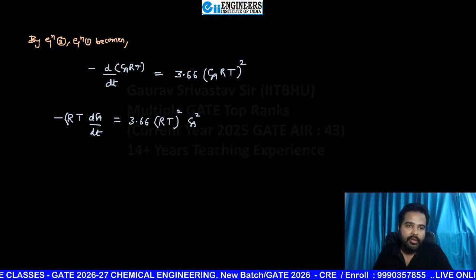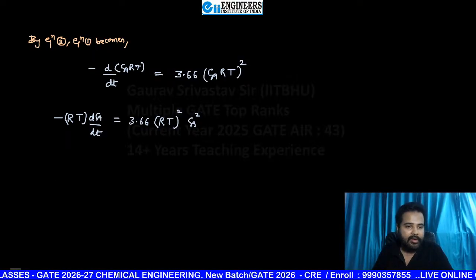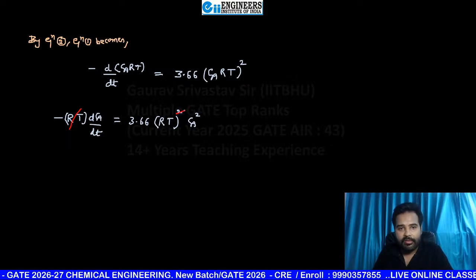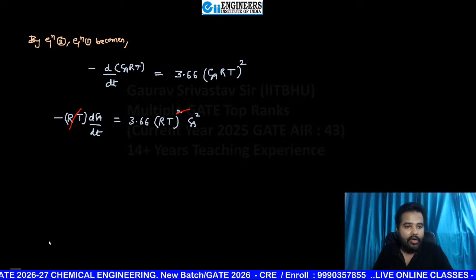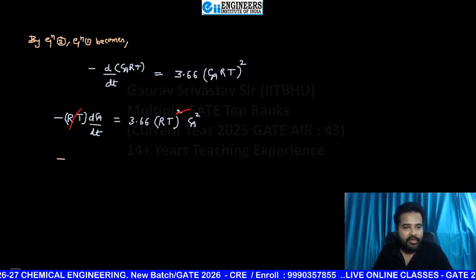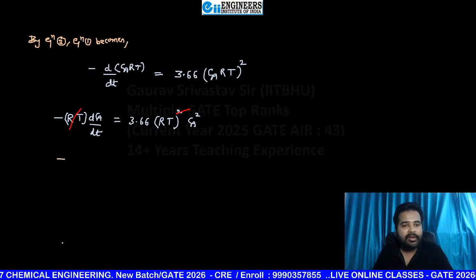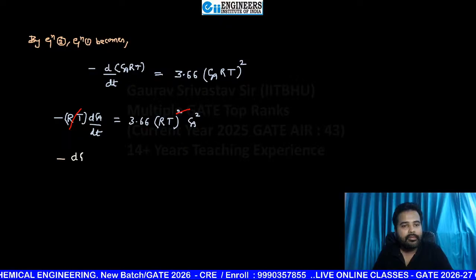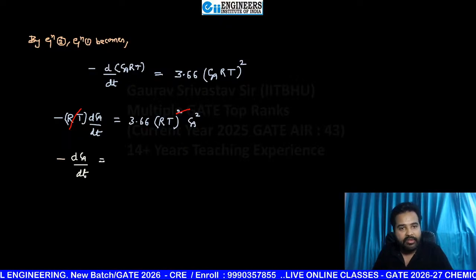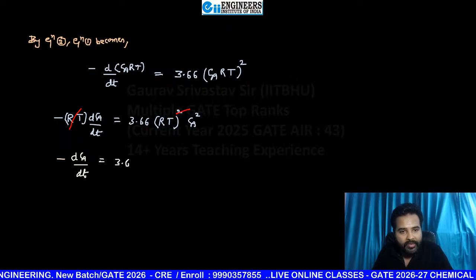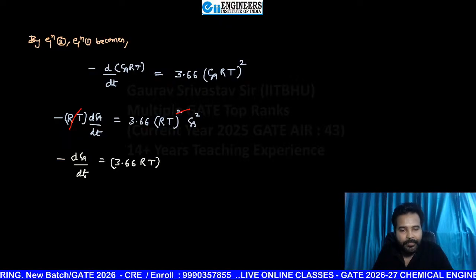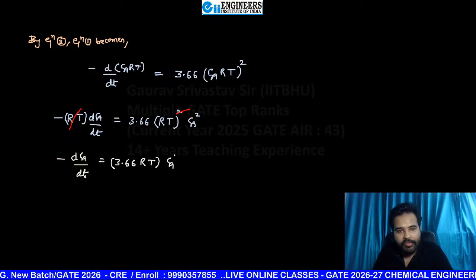Now see, RT on both sides. So this RT will be cancelled, this is square, and now what will we get? You can write further minus dCA by dt equals 3.66 RT into CA square.